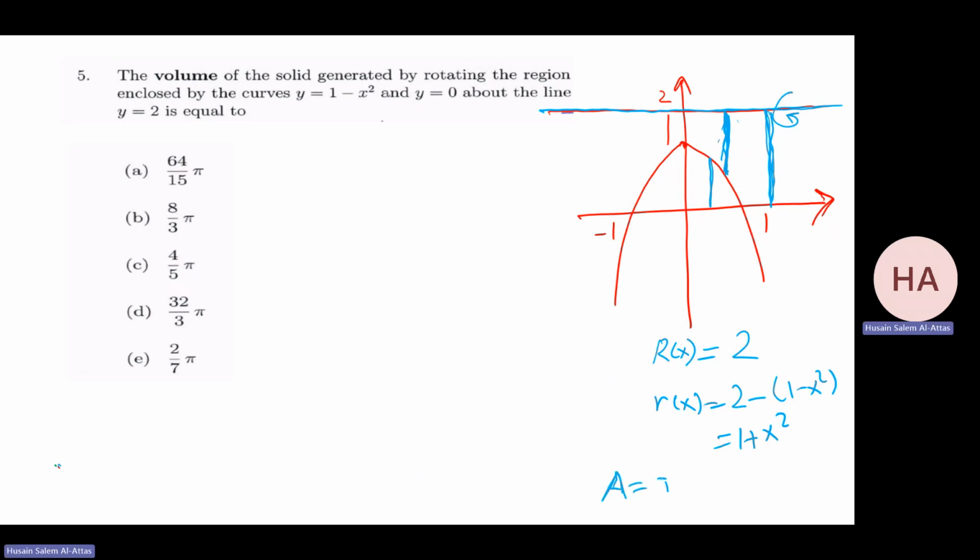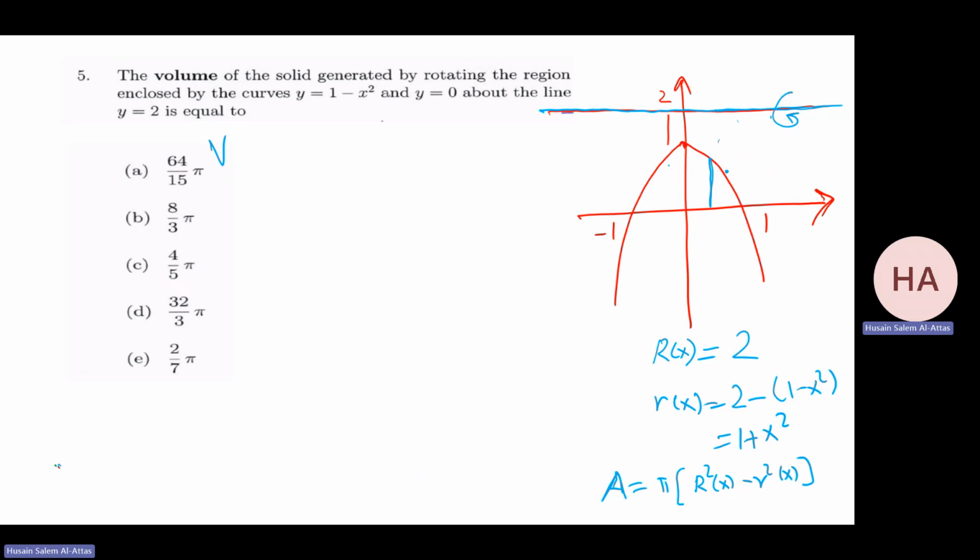So it will be my area. My area will be pi R squared minus small r squared. Let me go right away to the volume. And the volume from where to where? The volume is from 0 to 1. No, from minus 1 to 1. All of this.